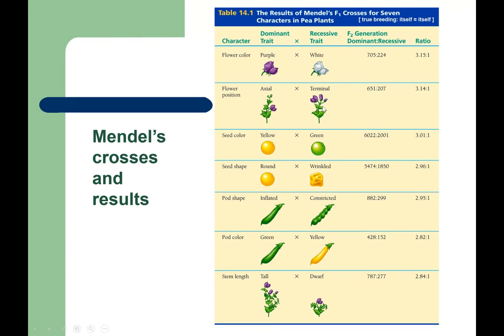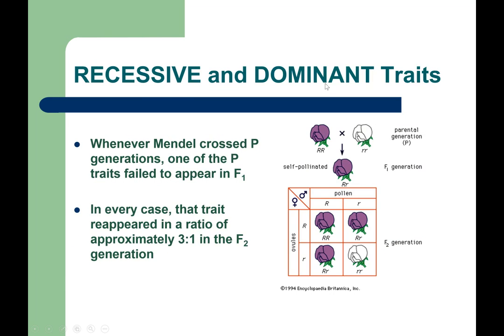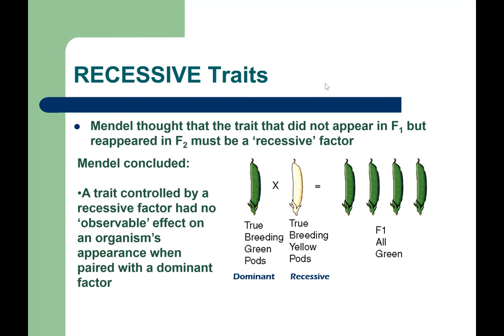These are our recessive traits. So what that means is this trait will mask this trait unless you have two copies of a recessive. Recessive traits will appear with two copies of a recessive factor or a recessive allele. It has no effect on an organism's appearance or traits when paired with a dominant allele.